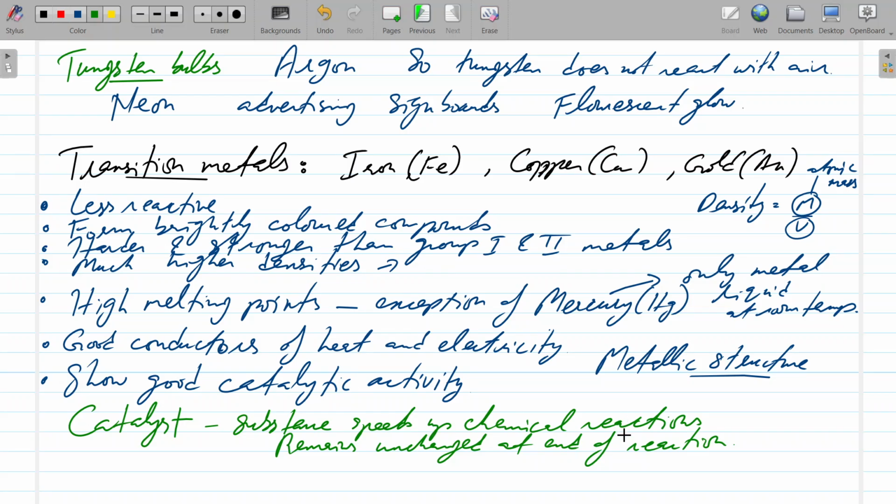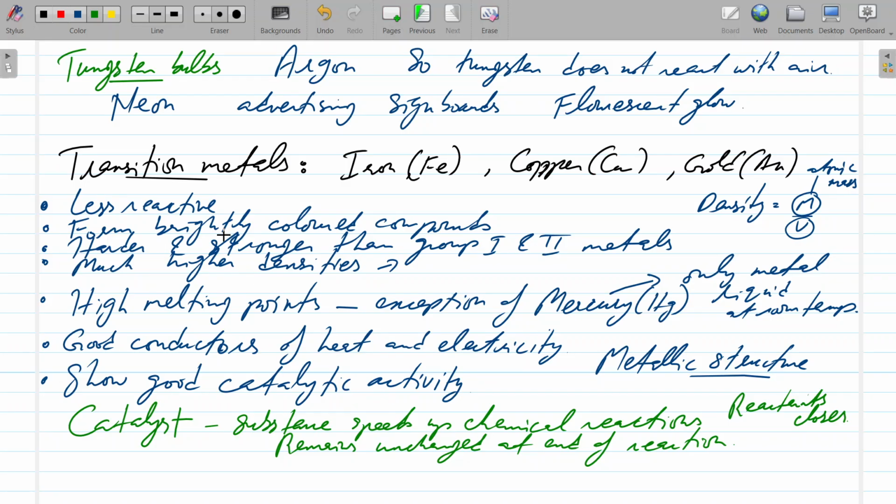And normally how it speeds it up, just to give you an idea, not going into detail, is that it brings the reactants, whatever they are, closer. And so when the reactants are closer, it's easier for them to undergo the reaction, and so that speeds it up. It also lowers the energy required for the reaction, etc. So it has its benefits.